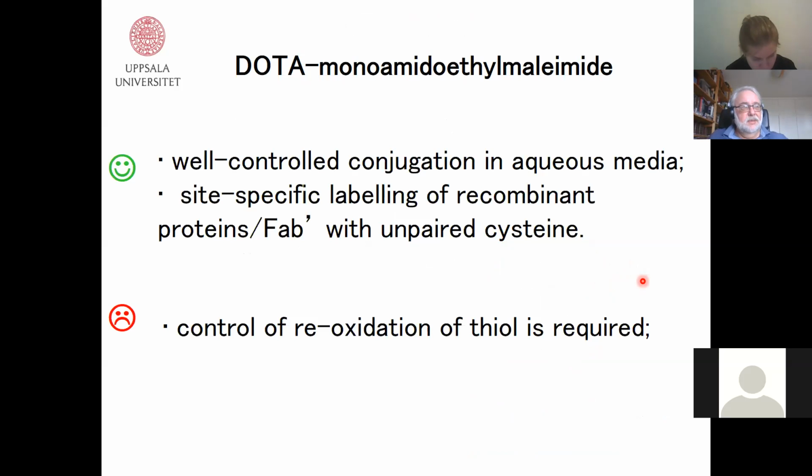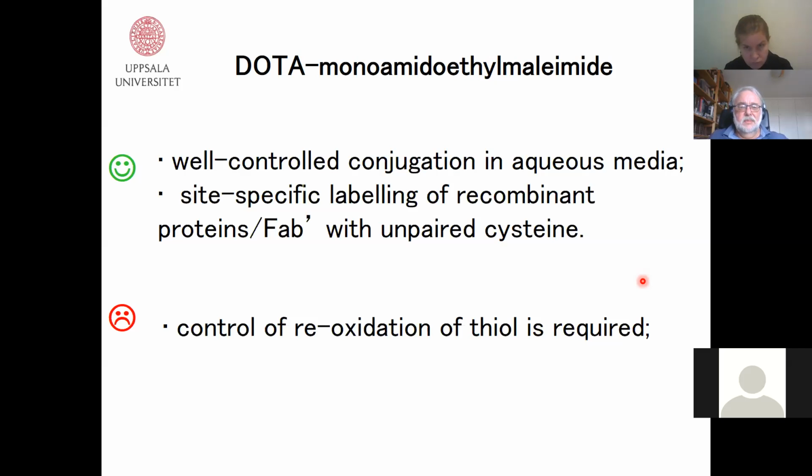In my hands, coupling efficiency is roughly 70%. And if you typically take a 3-fold excess of such a chelator over protein, you have 100% coupling efficacy. And of course, then you can easily purify away non-conjugated chelators.